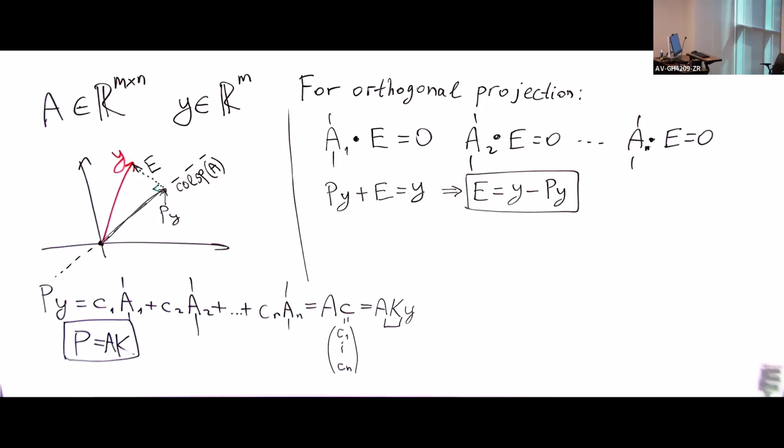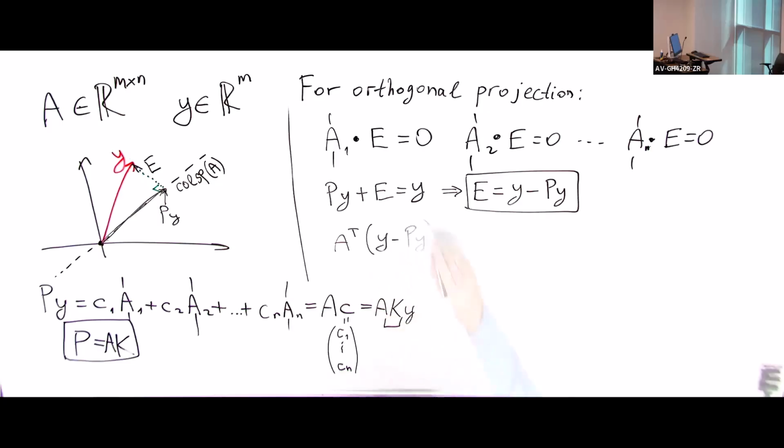How you can write that as multiplication of matrices or vectors? It's the transpose of the first vector times the second vector. So since these are columns of A, this is how it will look like. It will be A transpose times the error, which is Y minus Py.